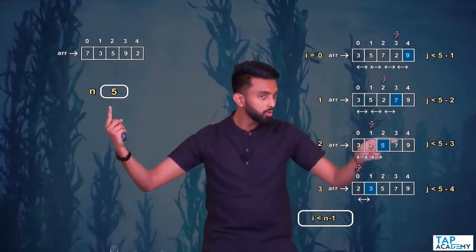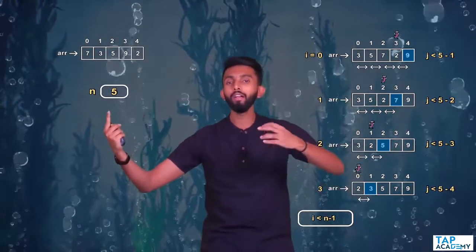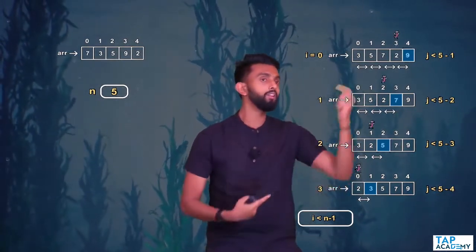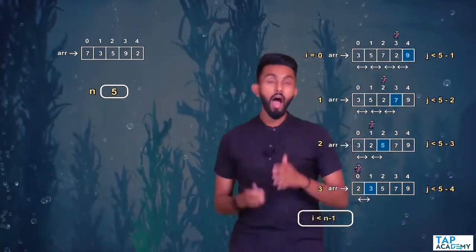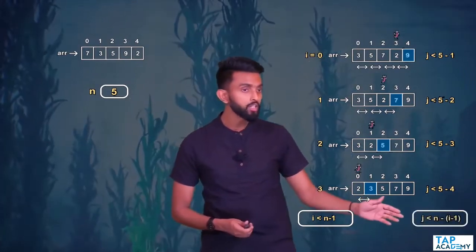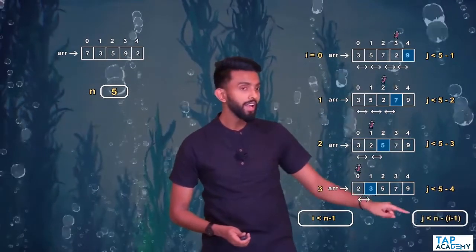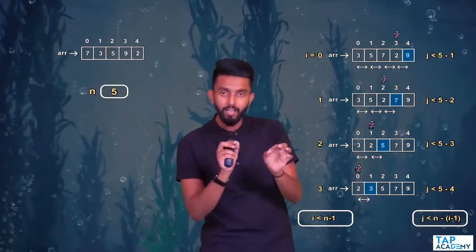But that 1, 2, 3, 4, I would like to write in general, such that dynamically j will know till where it should move. Now how can I write this? It's very simple. I would write the condition like this: j less than n minus I minus 1.